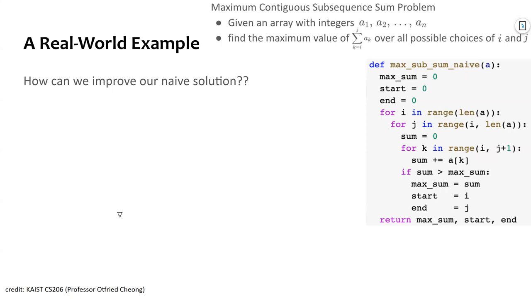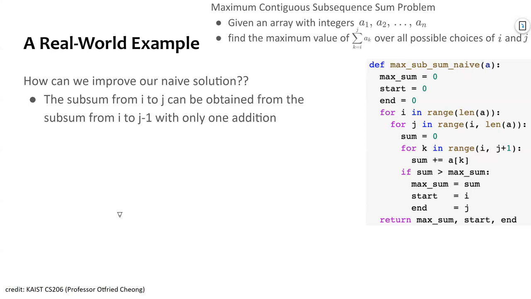All right, let's talk about how we can improve this algorithm together. The subsum from i to j can be obtained from the subsum from i to j minus 1 with only one addition.